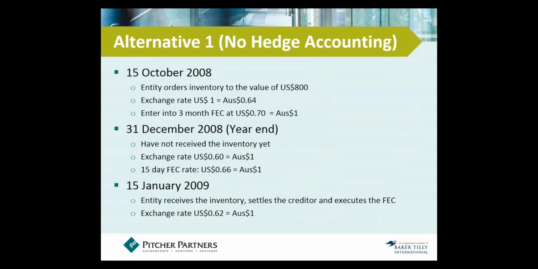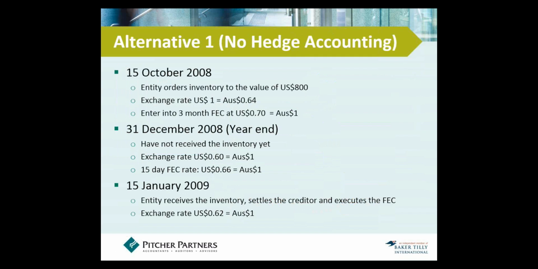70 cents. Then on 31 December, we've got the year end. We have not received the inventory yet. We now have the exchange rate at year end, and we also get from the bank the 15-day foreign exchange rate. I should say, remember the 3-month foreign exchange contract that we enter into on the 15th of October would mean settlement on the 15th of January.